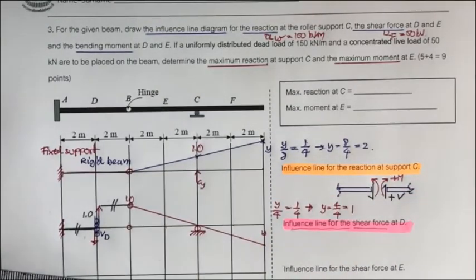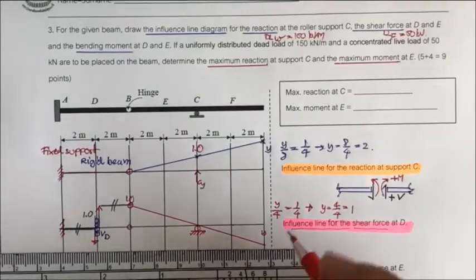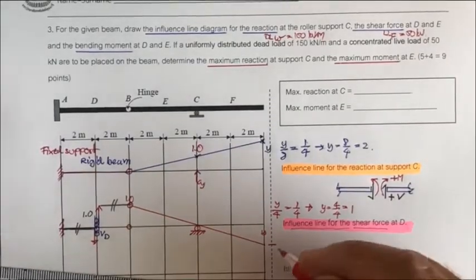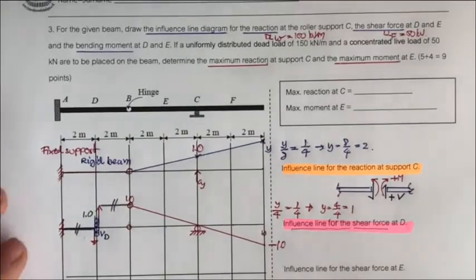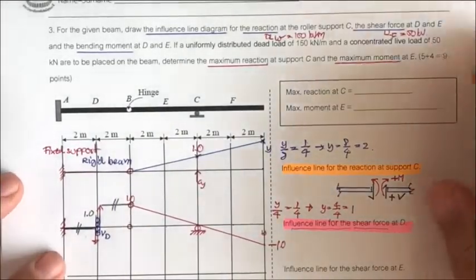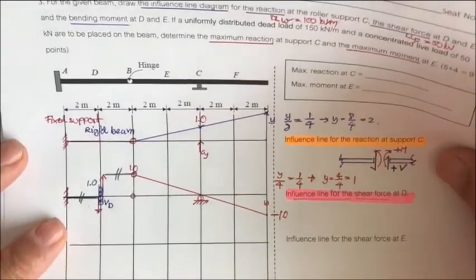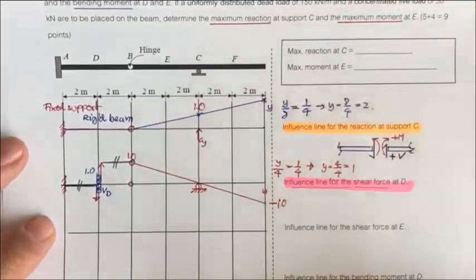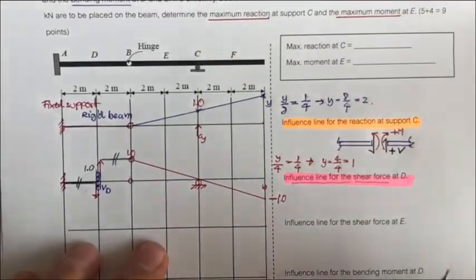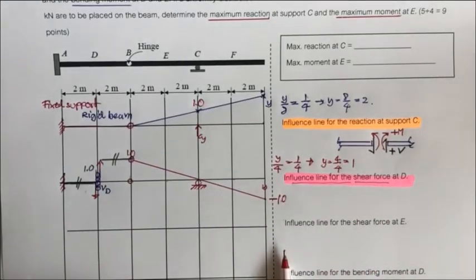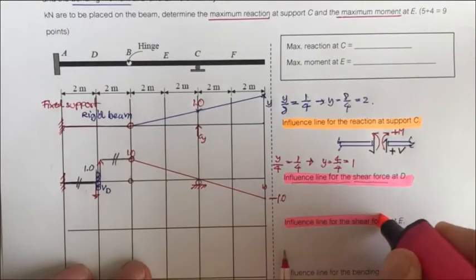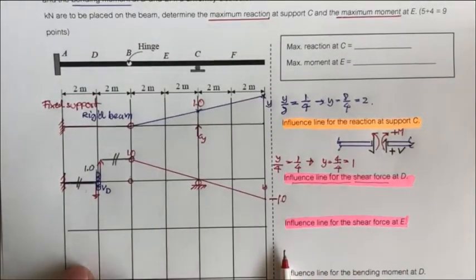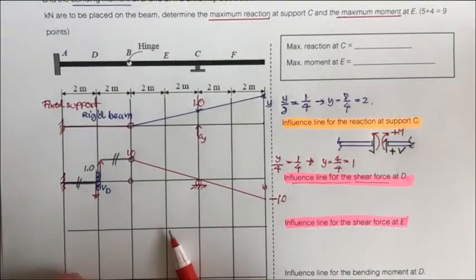Since this is negative, this one is going to be minus 1.0. That is the influence line for the shear force at D. Next, they still ask us to draw another influence line of shear force, but this time at E. Where is E? E is here.